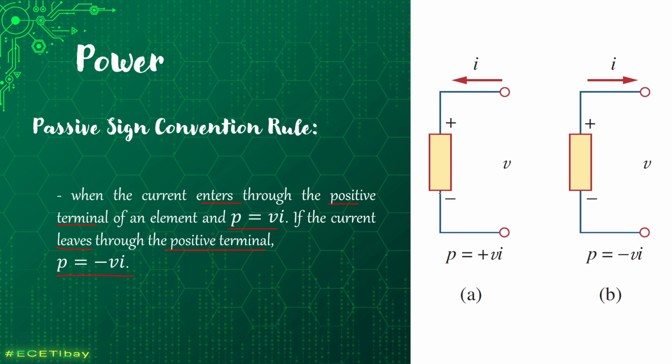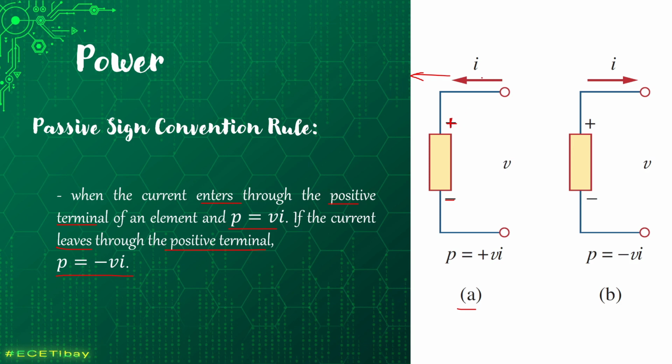First let's check figure A. We have a current I, pointed in this direction, and a terminal which is positive here and negative here. Now, how are we going to use the passive sign convention rule? Let's first check the direction of the current.